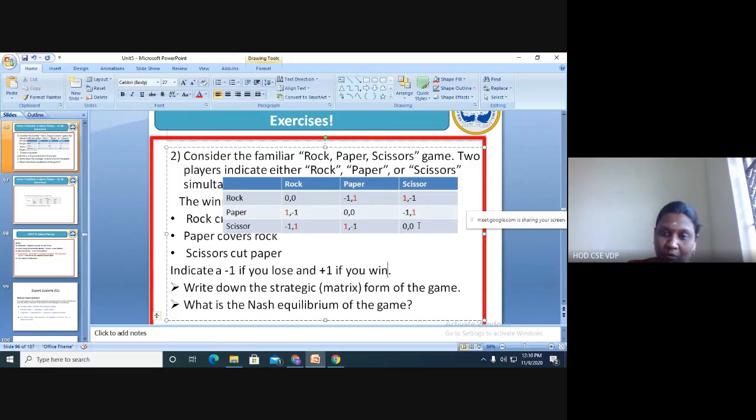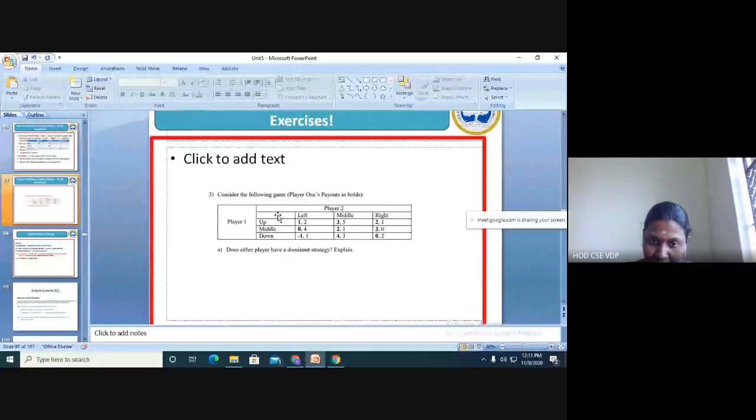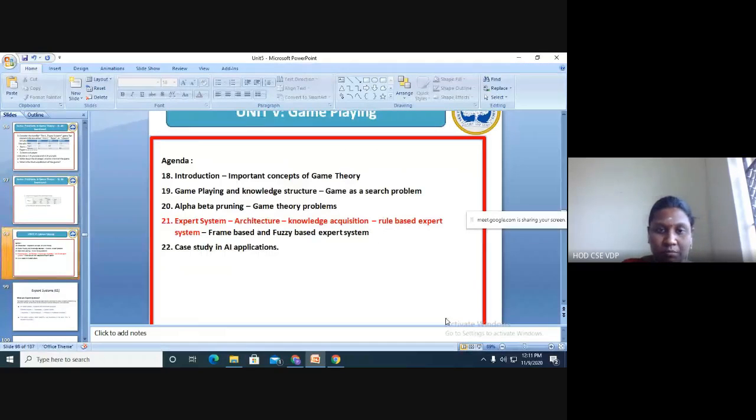Okay, just check whether this solution is right. Then also for this question, you just have to find out whether either player has a dominant strategy, and explain if there is a Nash equilibrium or not. Okay, so try these two problems as to-do problems. Then next class we continue with alpha beta pruning. Okay.